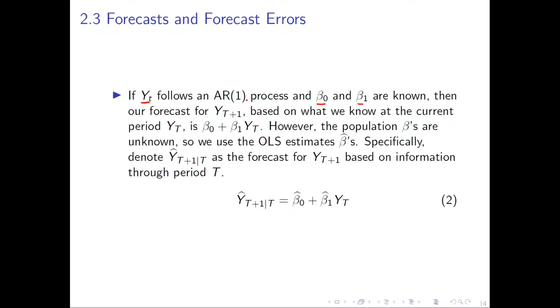Then our forecast for the next period value of Y_t, remember that capital T is the end of our data set. It means that this is the last known value of the y variable, for time capital T. But we would like to know what's going to be the value of Y in the next period.